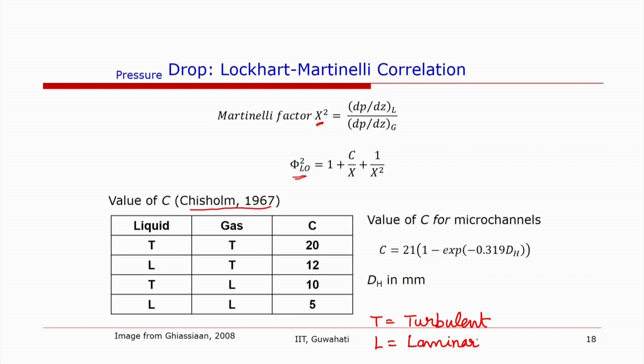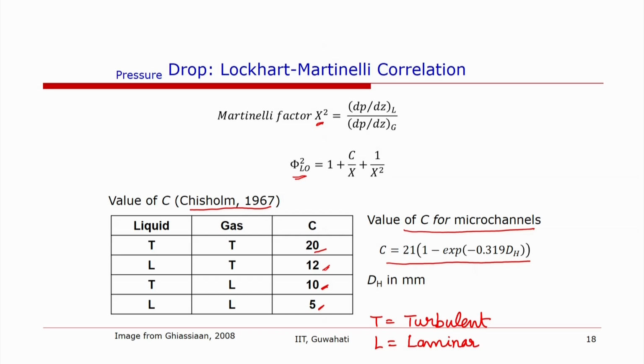For turbulent flow in both phases the constant C is 20; for liquid laminar flow and gas turbulent flow it is C equal to 12; for turbulent liquid flow and laminar gas flow C is 10; and for both laminar C is equal to 5. Now, there has been a modification for microchannels, which says that C is equal to 21 times 1 minus exponential of minus 0.319 dH, where dH is in millimeters. So, one has taken into account the effect of channel diameter.